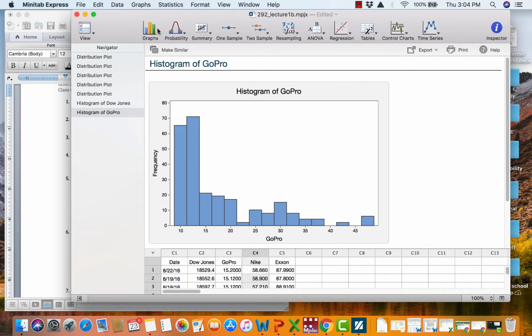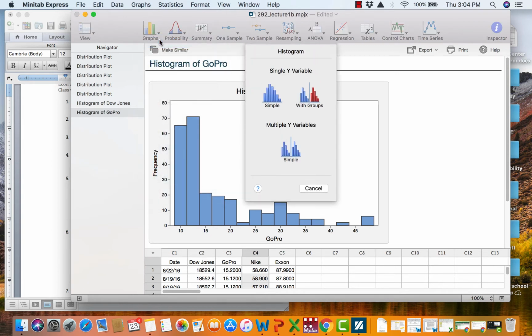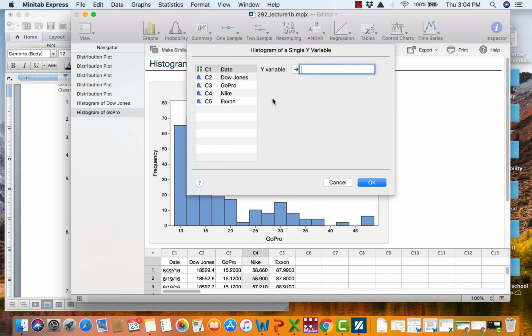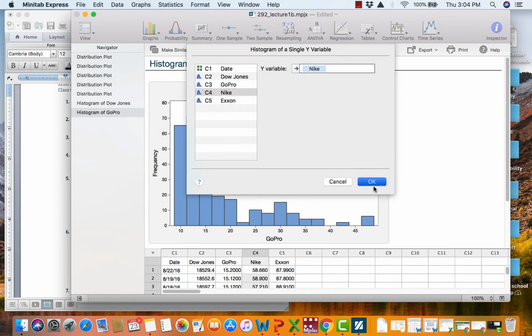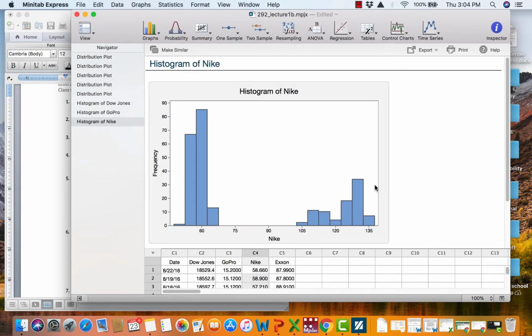All right, let's do the same for Nike. All right, so holy cow, what do we see here? We see closings here, our stock prices here, and we see stock prices here. This would definitely be no identifiable shape because we have this super large discontinuity here in the middle of prices.